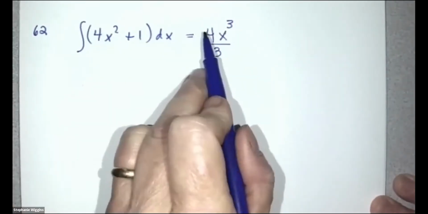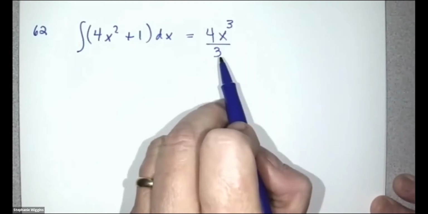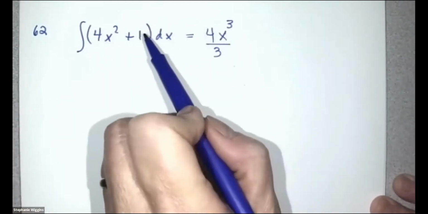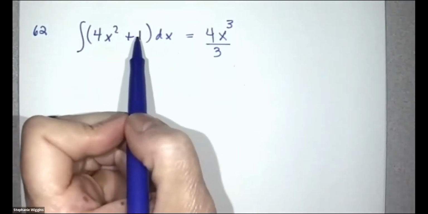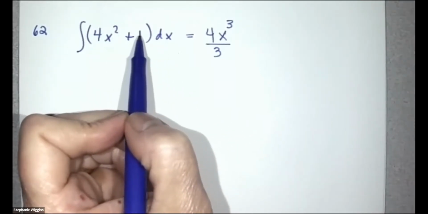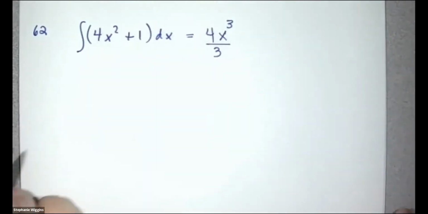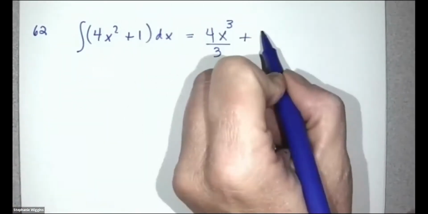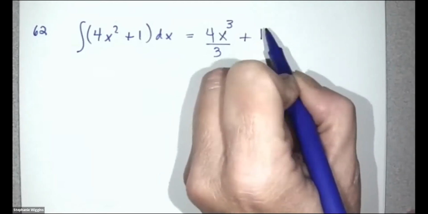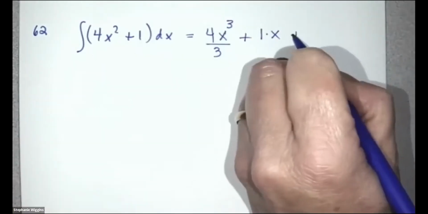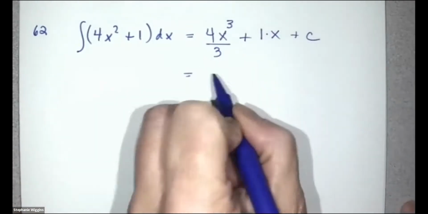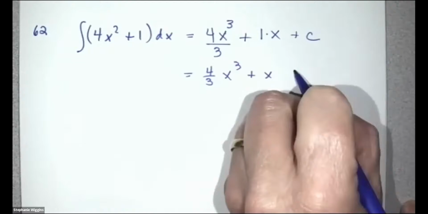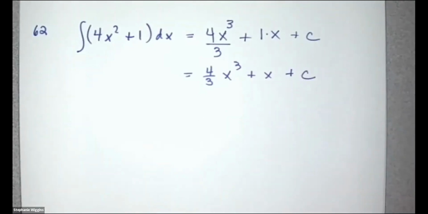Just carry your constant along with you. Divide by your new exponent. Here, I'm going to think of this as a constant. You just take your constant and multiply it by x. So whatever your constant is, to integrate it, you just take 1 times x and then plus c. So this becomes 4/3 x cubed plus x plus c.